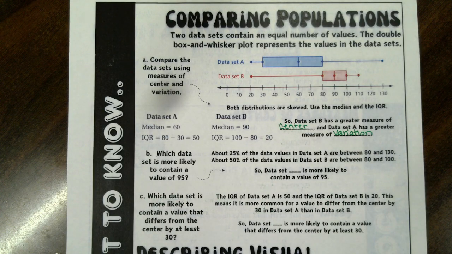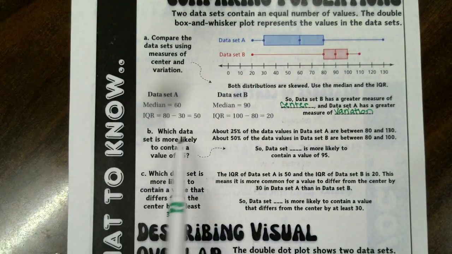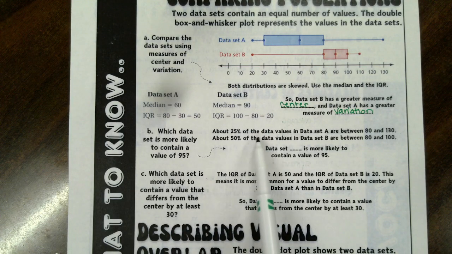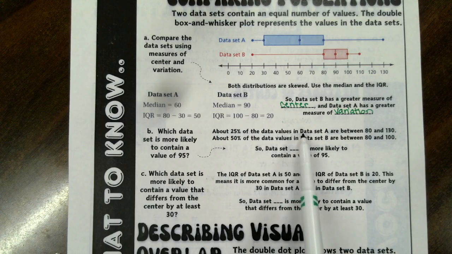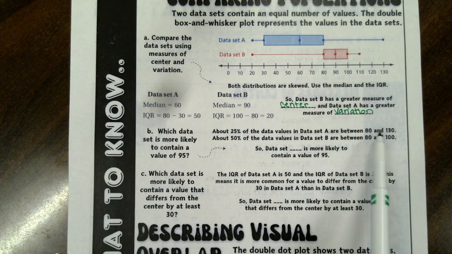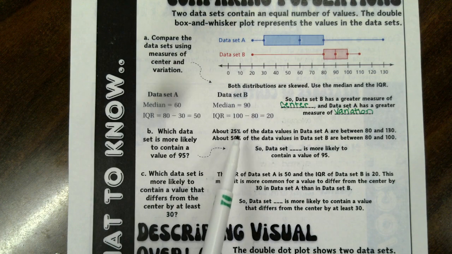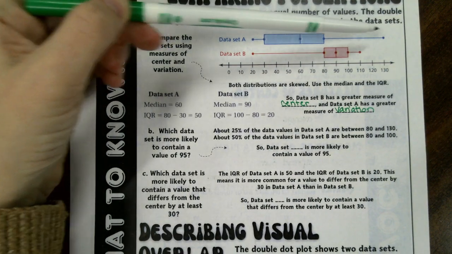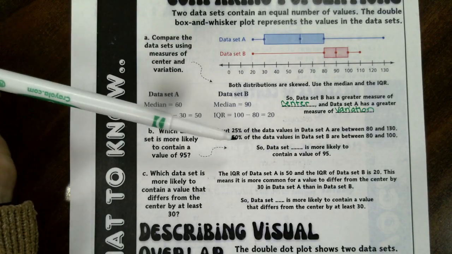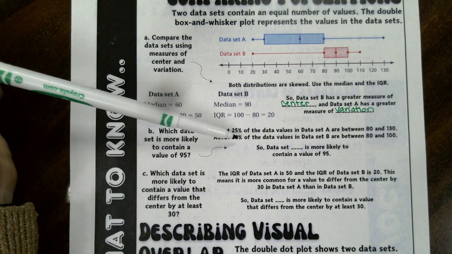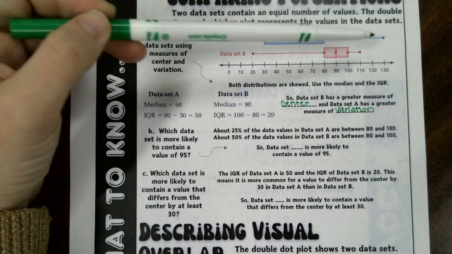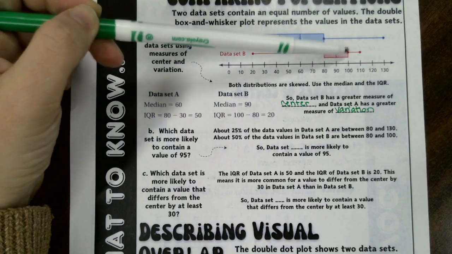Okay, so then we're going on to the next question. It says, which data set is more likely to contain a value of 95? About 25% of the data values in data set A are between 80 and 130. And about 50% of the data values in data set B are between 80 and 100, because that's our biggest area, right?